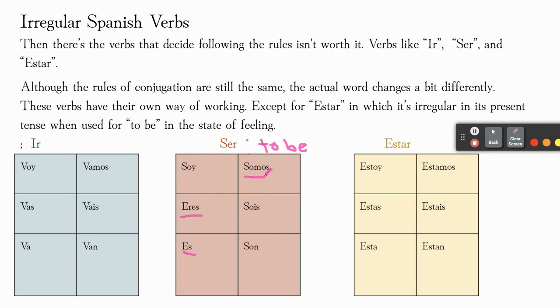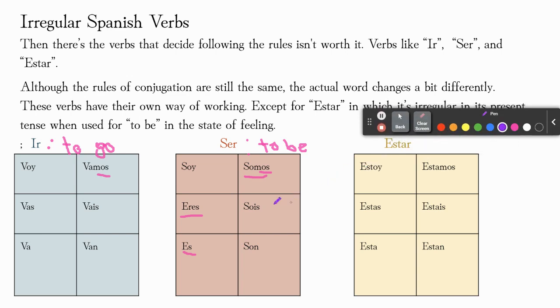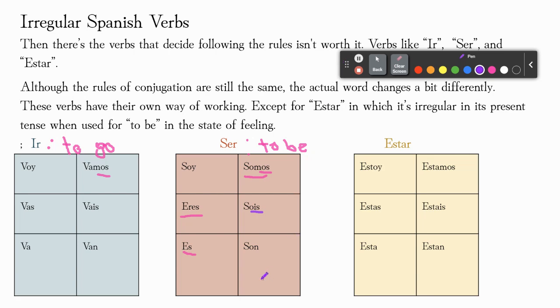The nosotros form is somos, with the MOS because it's plural, the same MOS as in vamos for ir. Then the vosotros is sois. Again, that's not really used in Spanish; it's just Spain that uses that one. And for ellos, ellas, and ustedes, we have son.